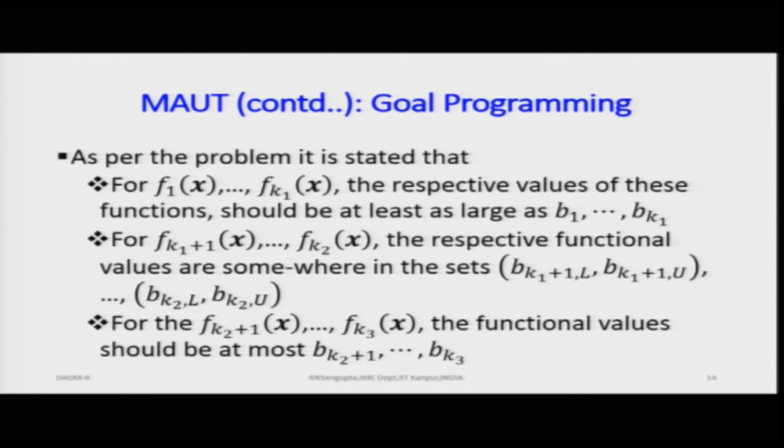For the other case, you want fk1 plus 1 to fk2, the respective functional forms, to lie between the bounds which you set for yourself for those objective functions. In the greater than sign you have b1 to bk1, then bk1 plus 1 till bk2, and then, with these k's in the suffix, bk2 plus 1 till bk.